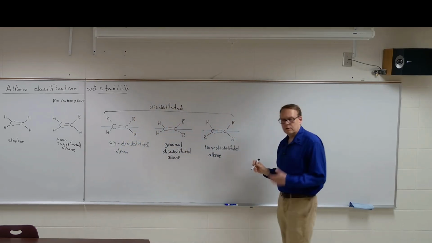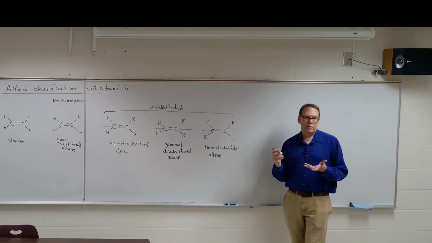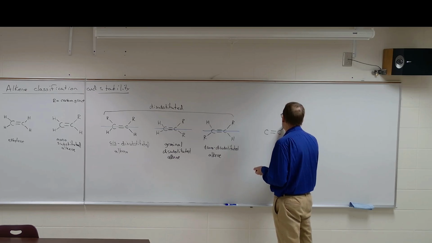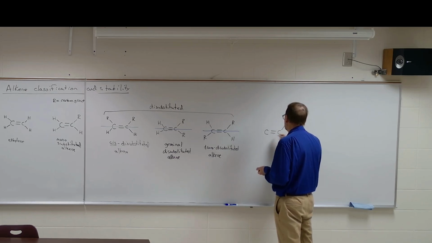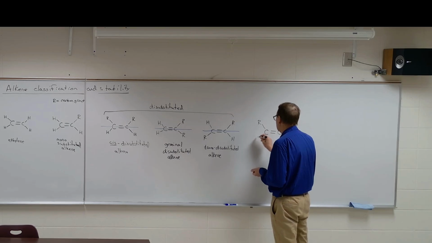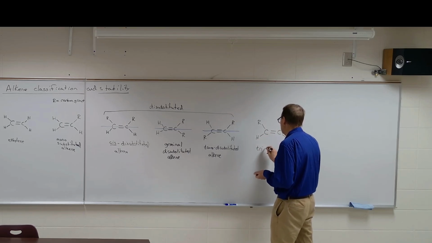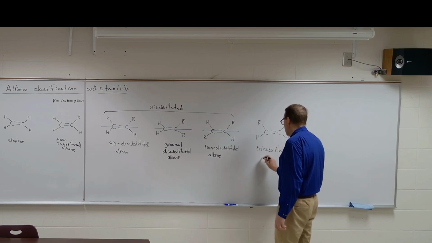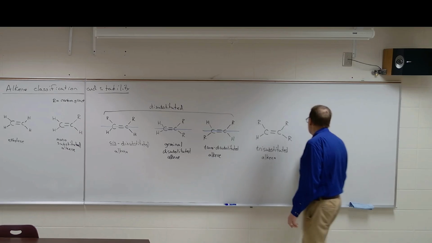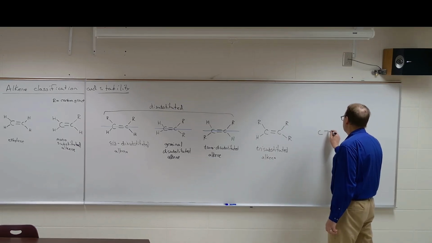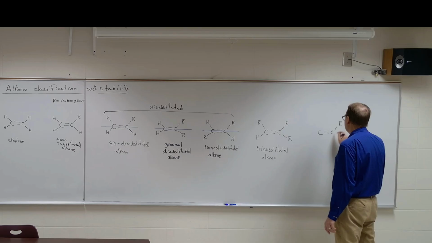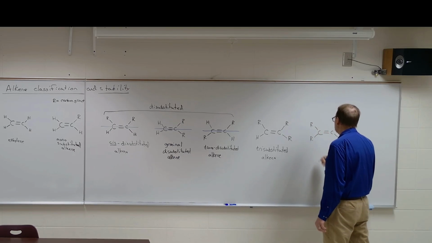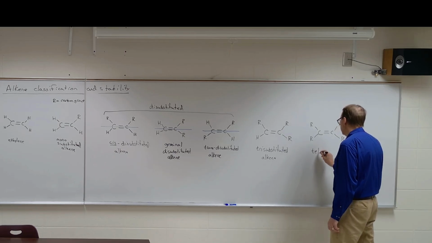And then, if you think about it, moving a little bit further along, if you put a 3rd group on, you'd get into a trisubstituted alkene, which I'll draw over here. Trisubstituted alkene. And then finally, the most highly substituted version of an alkene is one where you put carbon groups everywhere. Every position on the two carbons that form the carbon-carbon double bond, and that would be a tetrasubstituted alkene.